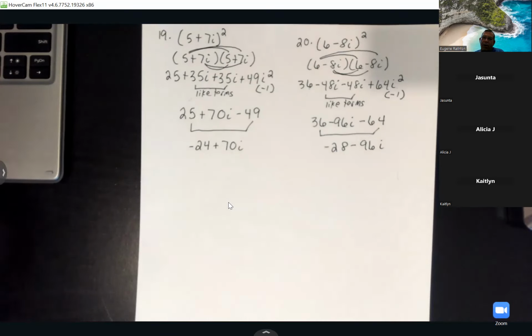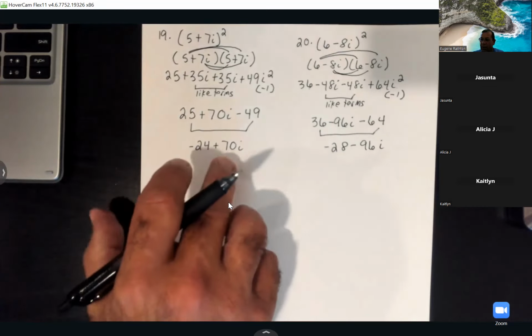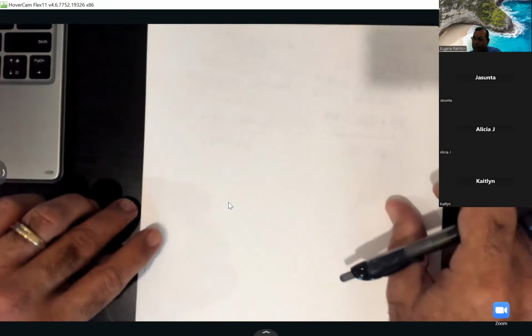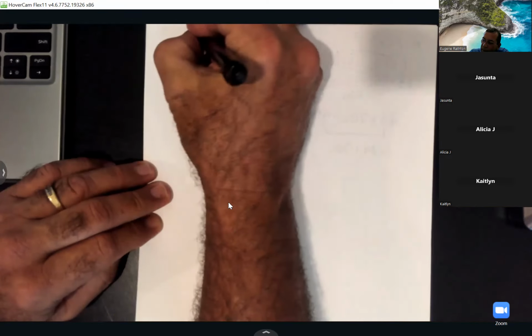Y'all, I'll tell you the reason we learned that was so that y'all can do 7.4. In 7.4, some of these equations, we need those imaginary answers because you can't solve them in the real world.